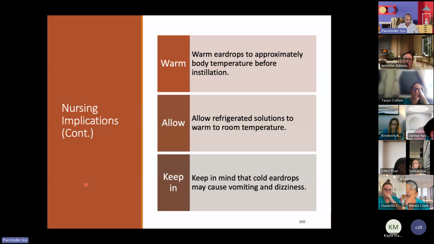If it has to be refrigerated, make sure that you pull it out from the fridge at least about an hour or so before you instill those eardrops, and always roll between your hands for a few seconds, about 30 seconds or so, because if you instill too cold eardrops, it's called vestibular reaction, which includes vomiting, dizziness.